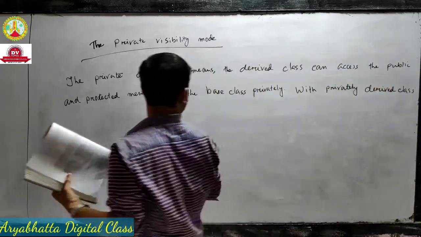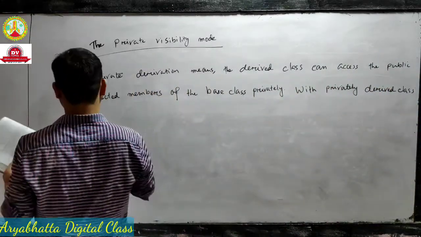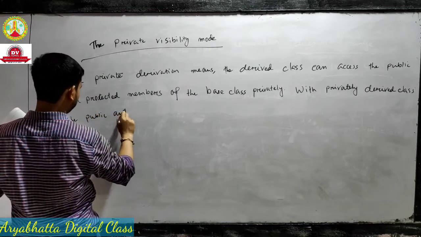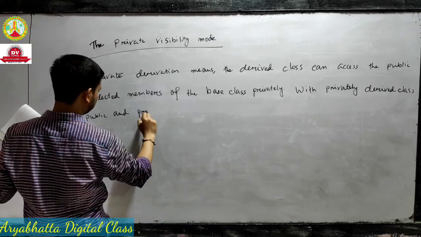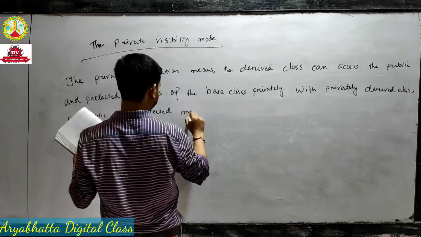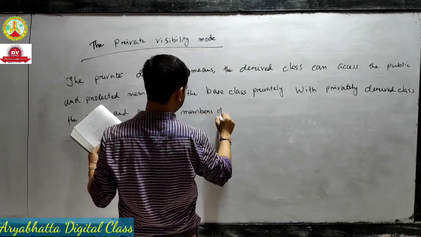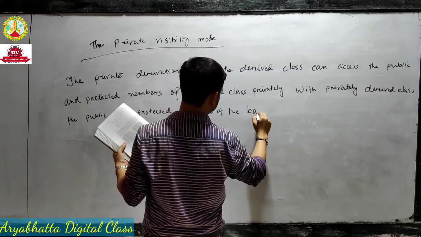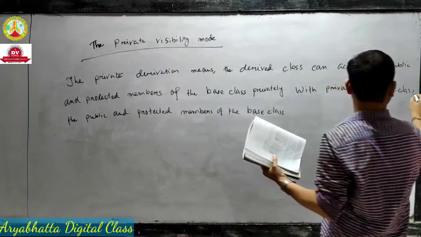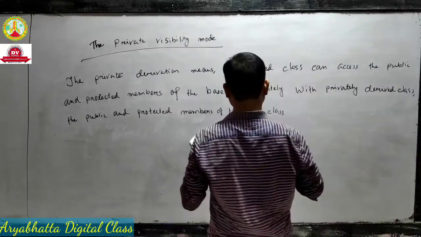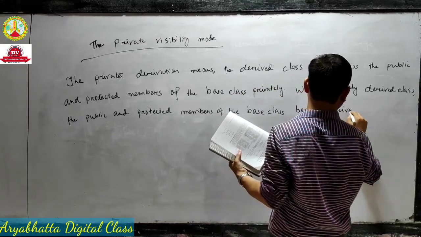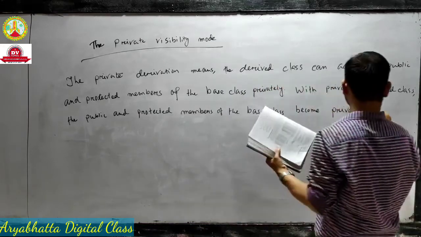In a privately derived class, the public and protected members of the base class become private members of the derived class.